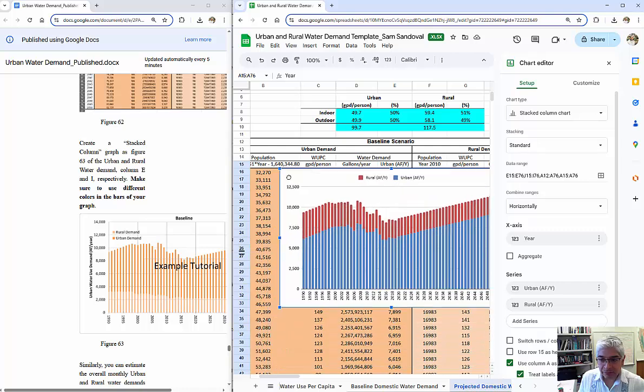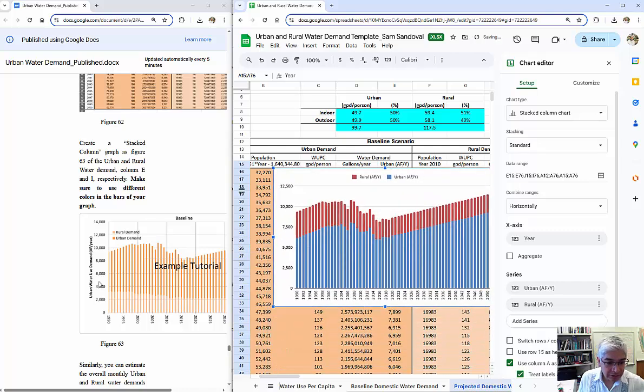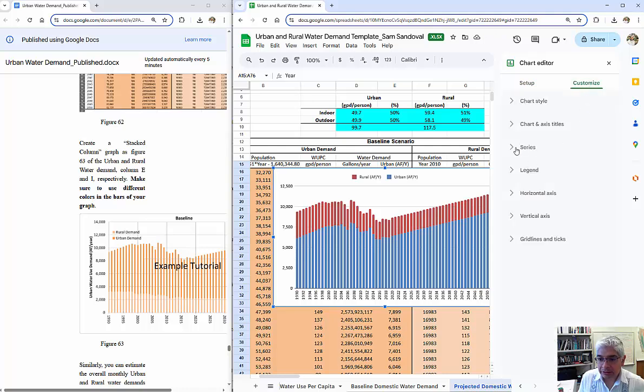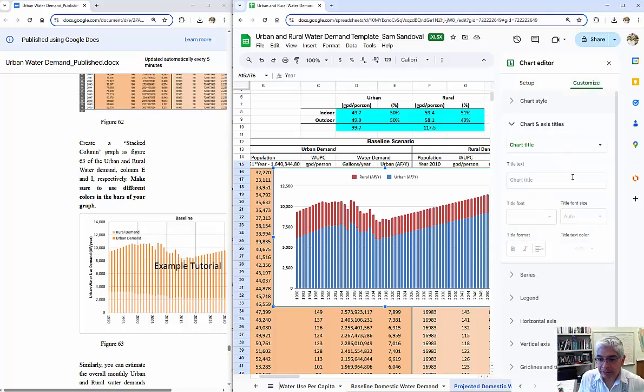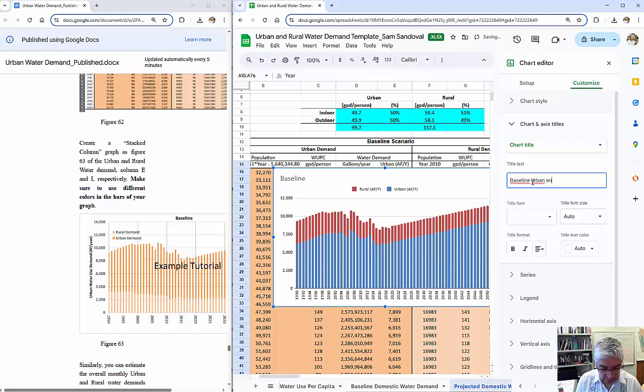And you can add, for instance, all these values, right? So here in customize axis titles, you can put here baseline urban and rural water demand, and then that will be it.